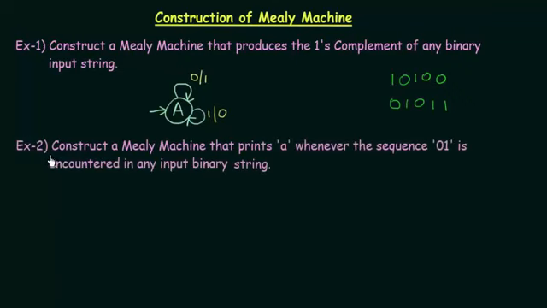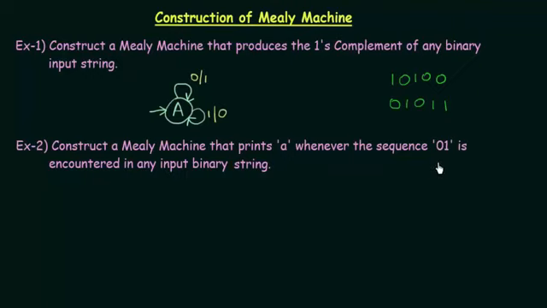Okay, so here we have our second example, that is to construct a Mealy machine that prints A whenever the sequence 0 1 is encountered in any input binary strings. So we need to design a Mealy machine that will print A. That means it should give the output A whenever the sequence 0 1 is encountered in any input binary string.